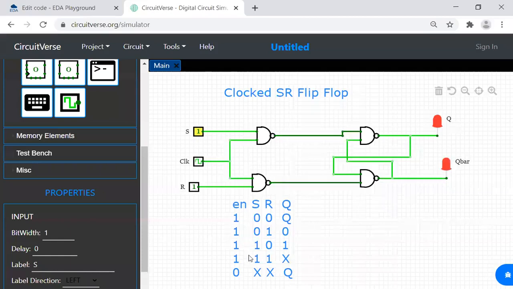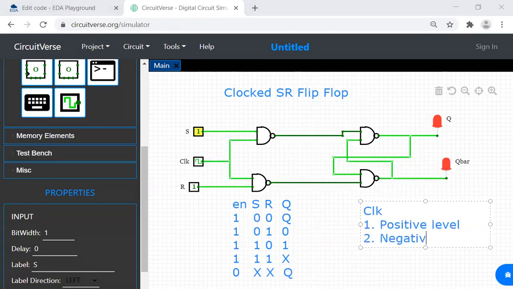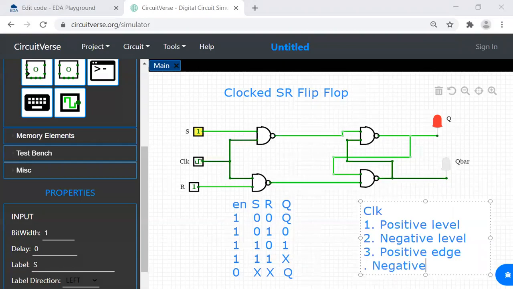Now what about the clock pulses? A clock signal is either positive level triggered, second one negative level triggered, positive edge triggered, or it can even be negative edge triggered.